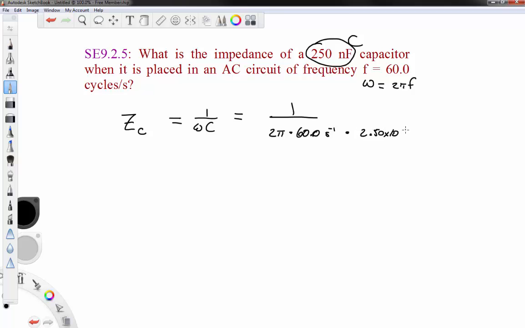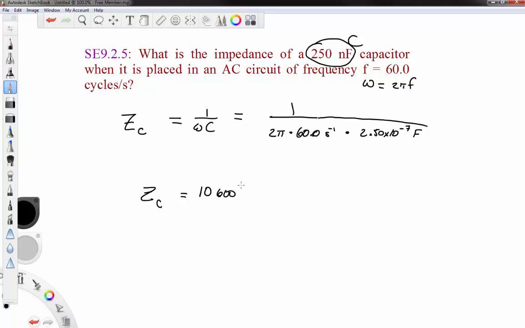So that's 2.50 times 10 to the negative 7 farads. So that is going to be our capacitive reactance. So the answer is that the capacitive reactance is about 10,610. So I guess this would be 10,600.